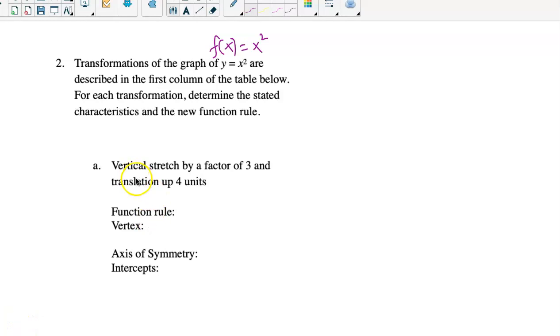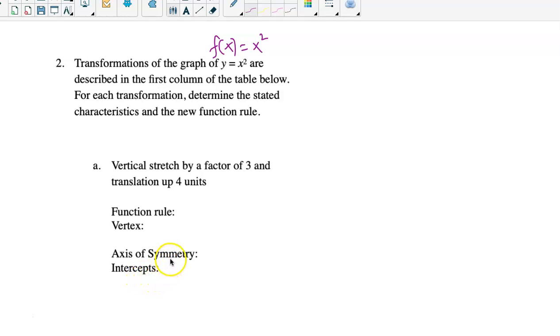So what happened here is a vertical stretch by a factor of 3, translation up 4 units. What is the function rule? Find the vertex, the axis of symmetry, and also the intercepts.